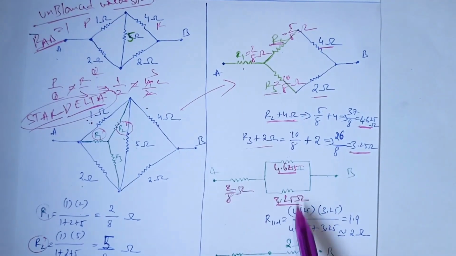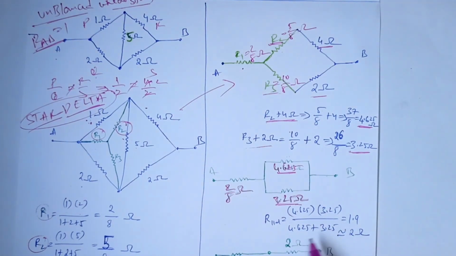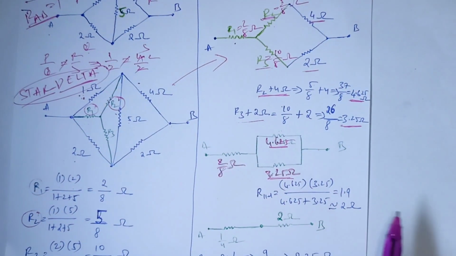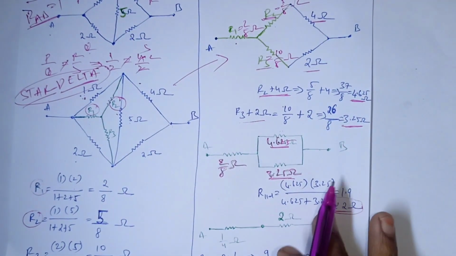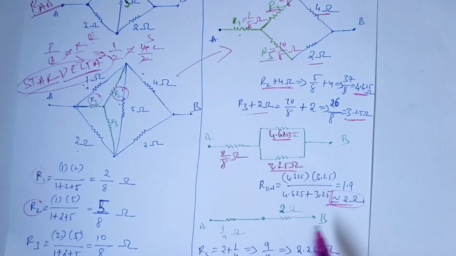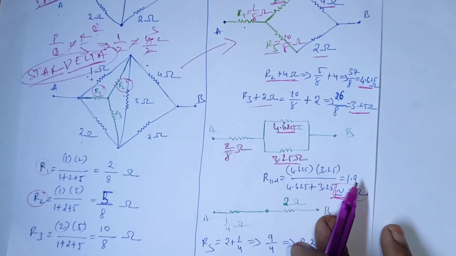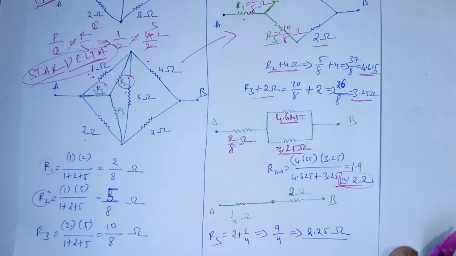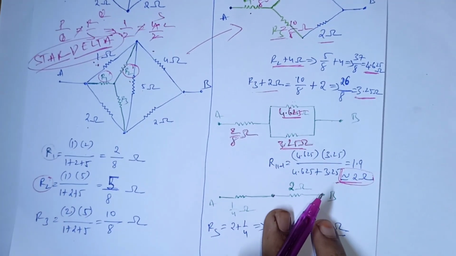For the parallel combination, we know the formula: R1 R2 by R1 plus R2. We get exactly 1.9, approximately 2 ohm. It depends upon what is given in the options, whether approximate values or the exact value.